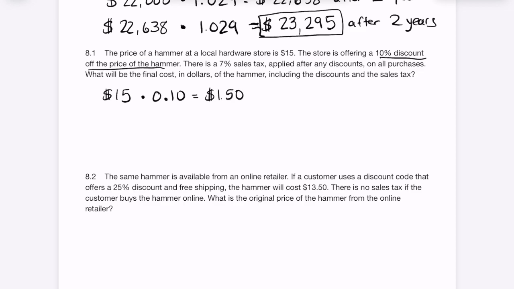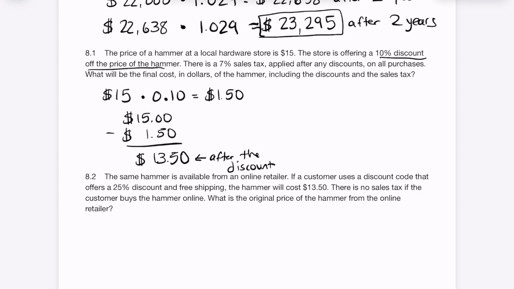And then you can take that $1.50 off and subtract $15 minus $1.50 is going to give you $13.50. So that's the cost after the discount. Okay, you could do that, or you could do 15 times 0.90, 90%, because a 10% off discount is the same thing as taking 90% of the thing. Either method works. Either way, you should get after the discount $13.50.